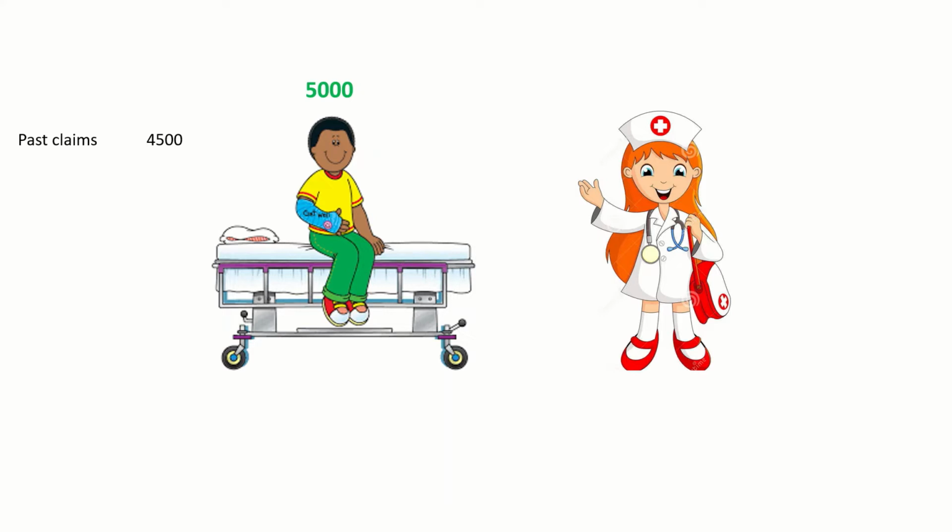For example, today when the patient came, before that he had been using these services and insurance for 4,500. Today's services will cost 1,000, which means he will reach 5,500, which is beyond the limit by 500. So maybe he will pay for this 500 or whatever solution will be taken.